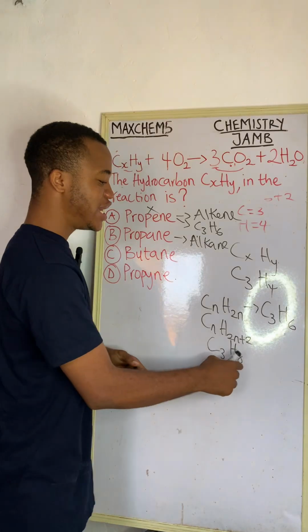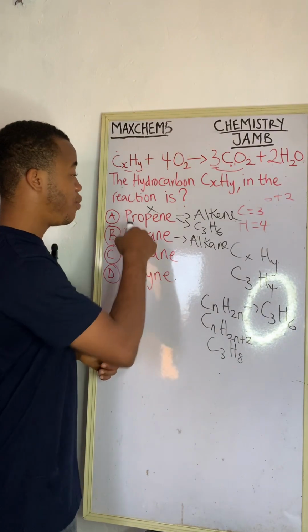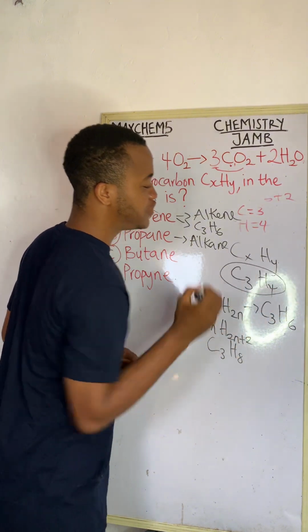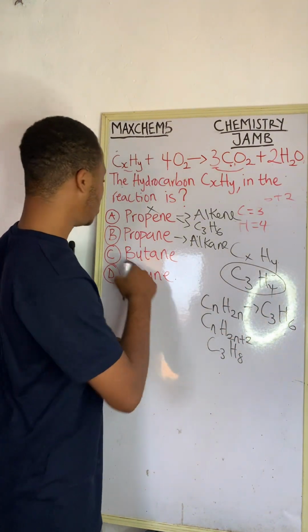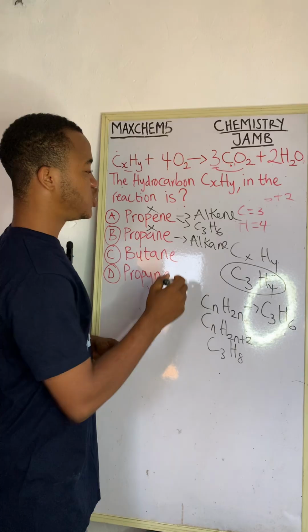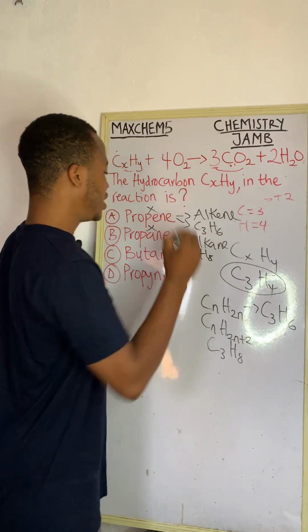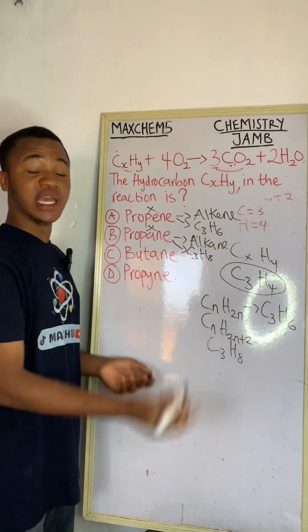So C3H8 is the formula for propane. Our target is C3H4, so the answer is not propane. Propane is wrong because its formula is C3H8.